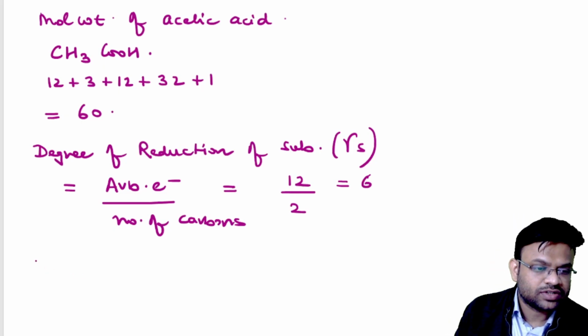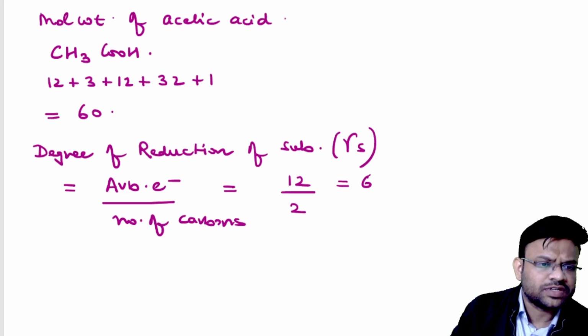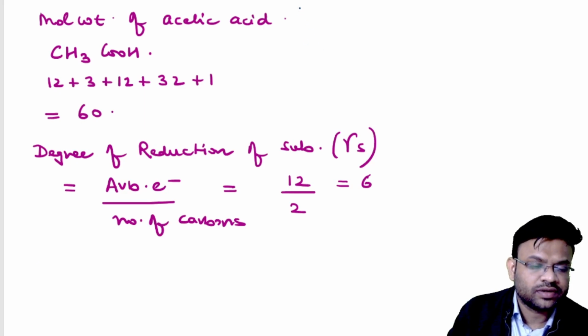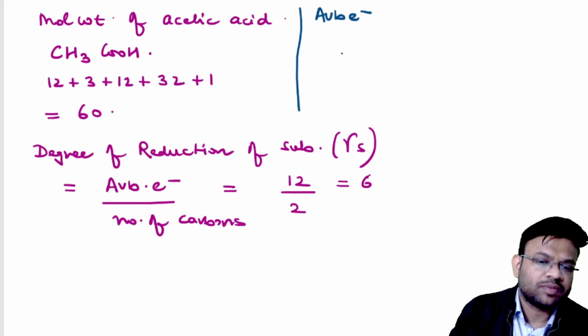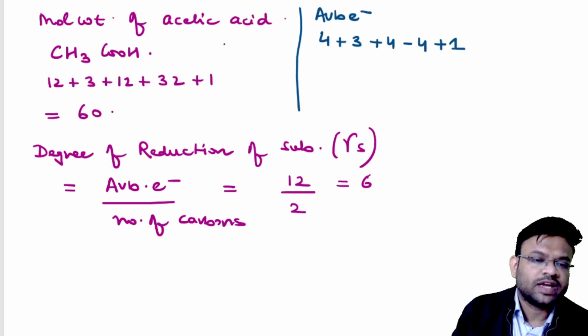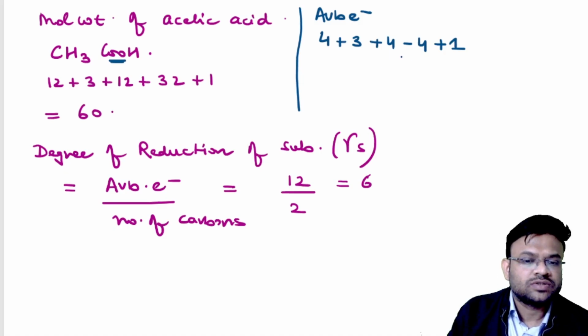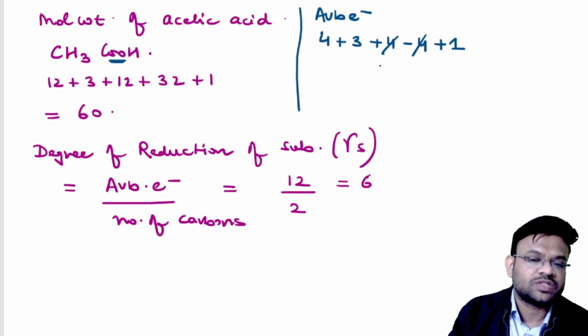So for the degree of reduction, let me first of all calculate the available electrons over here. Available electrons can be, again carbon has 4 plus 3 plus 4 minus 4 plus 1. So -4 I have kept because there are 2 oxygens and each would be having -2. So +4 -4 has been cancelled out. 4 plus 3, 7, plus 1, 8.